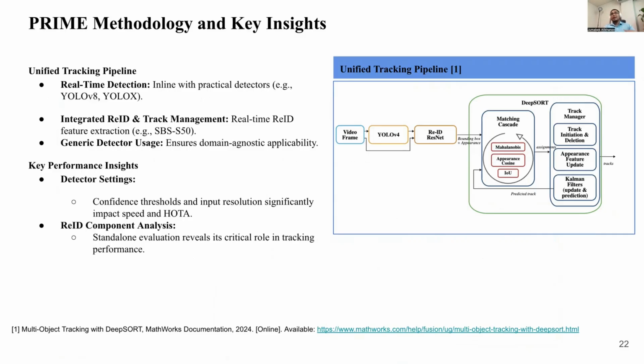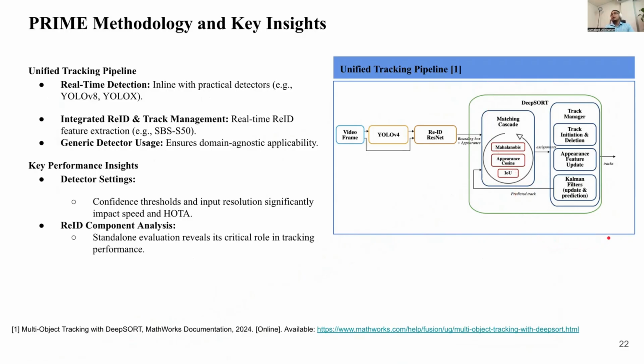To elaborate a little bit more, if you see this figure, this is a modified figure from this documentation. Initially, other literature considers this green box as tracking, right? If you talk about the DeepSORT tracker, this is what they consider as the tracking component.